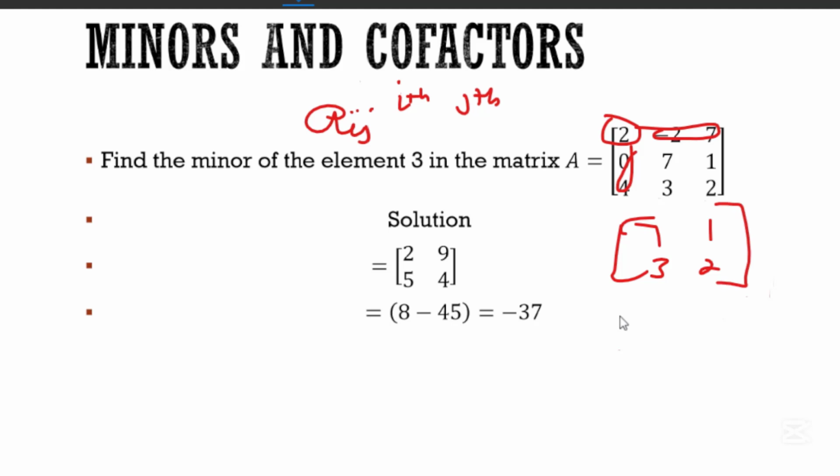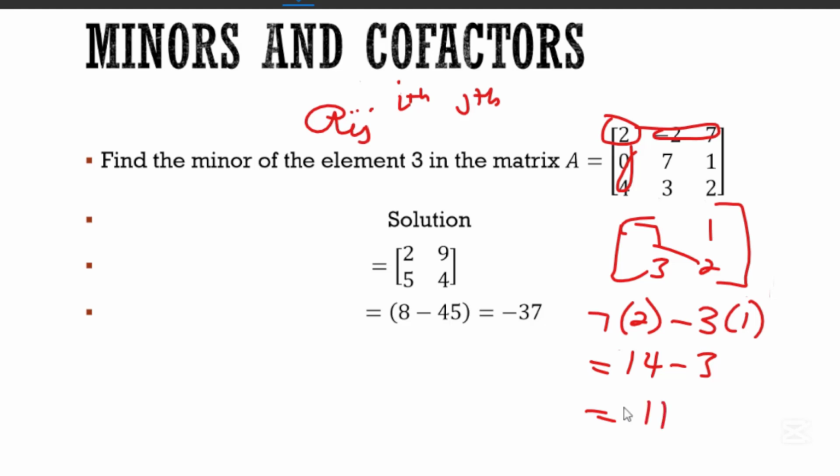Let's find the determinant: 7 times 2 minus 3 times 1. 7 times 2 is 14, 3 times 1 is 3. The final answer becomes 11. So the minor of the element 2 in the matrix is 11. In this way, for all the elements here, we can find their minors.